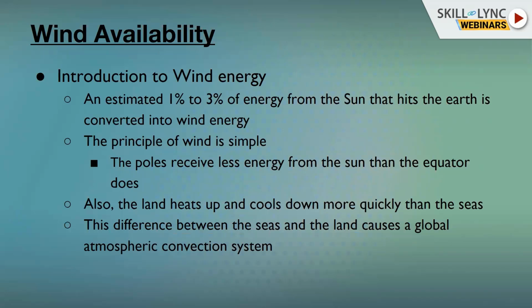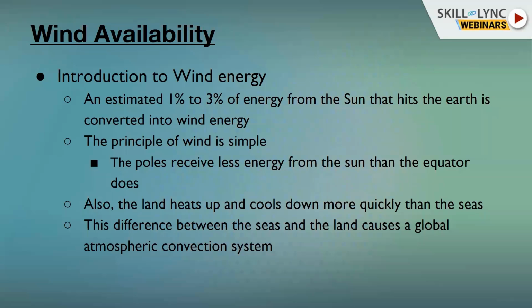Let us see here. It is estimated that 1% to 3% of the energy from the sun is hitting the earth, all over the world. So only 1% to 3% of the energy reaches our earth, and it is converted into wind energy.